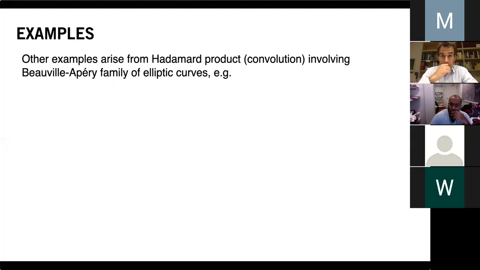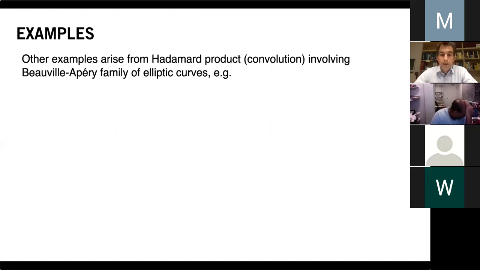So there is something called the Hadamard product, which is some kind of, you take 2 families of elliptic curves over P1, and you convolve them using multiplication on P1 or some compactification of that, and that's the Hadamard product, and is related to Schoen's construction of Calabi-Yaus.